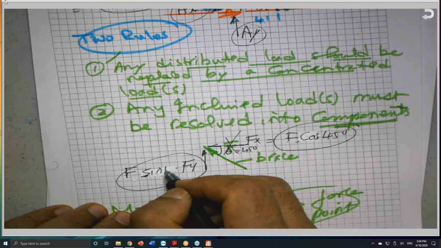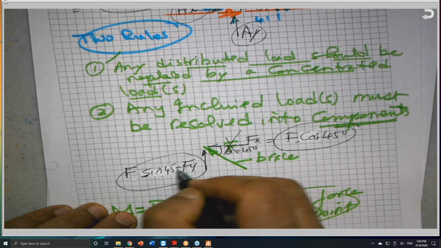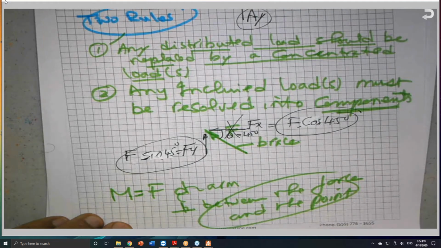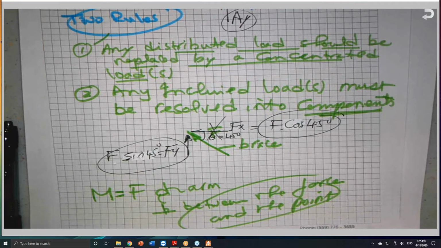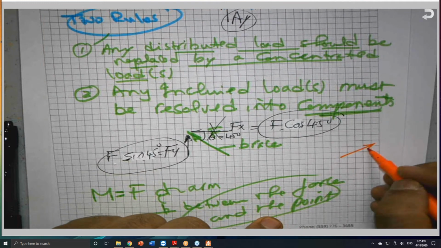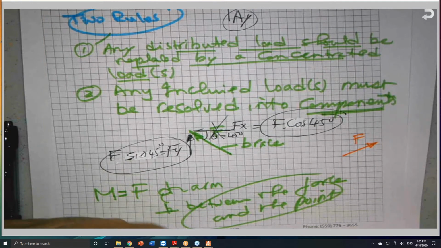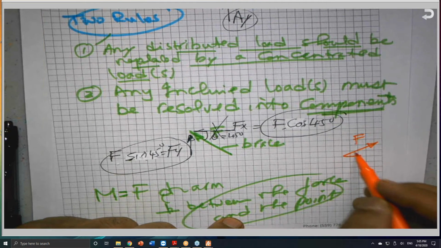And this is the rule that we learned in statics, that any force F can be resolved into components if I know this angle theta.